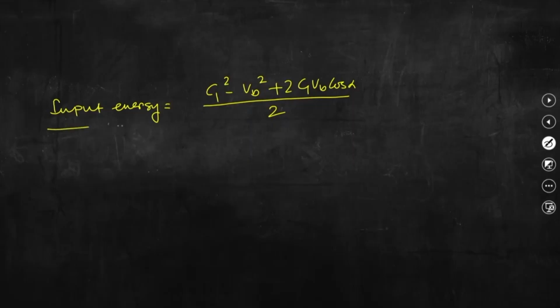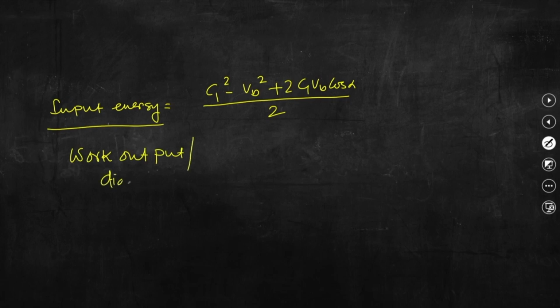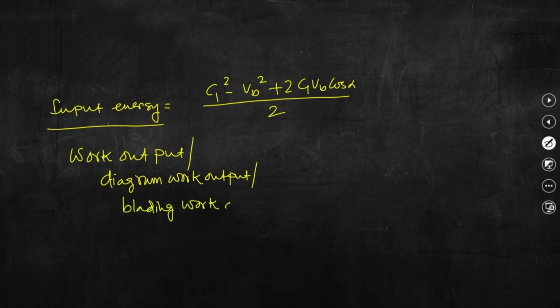Now, this is the input energy per unit mass flow of steam, and at the cost of this input energy we are getting the work output, the diagram work output or blading work output.